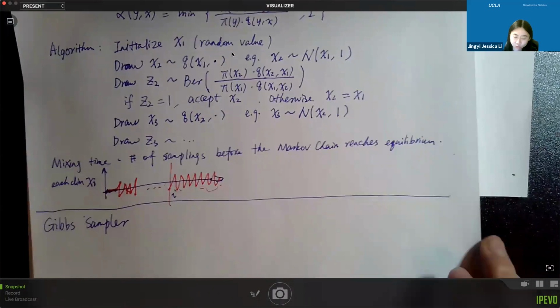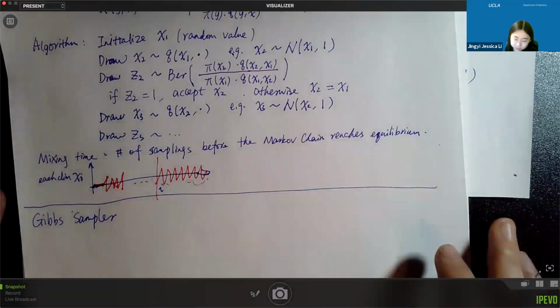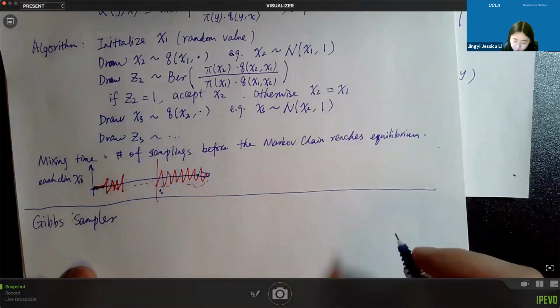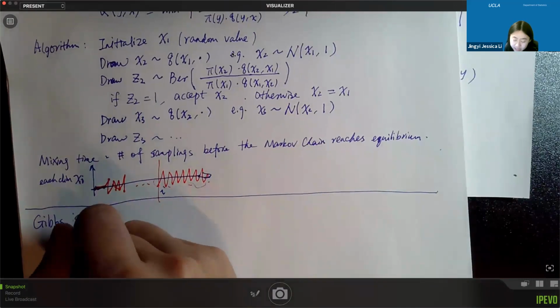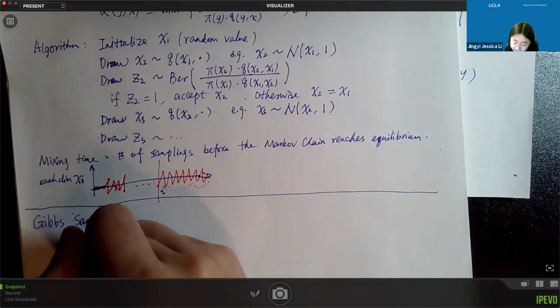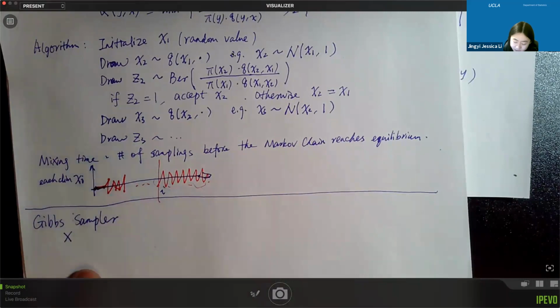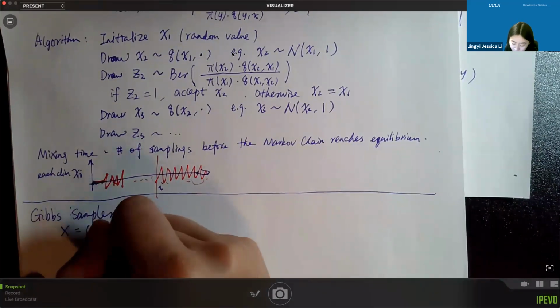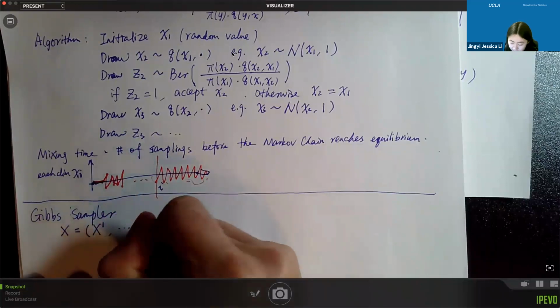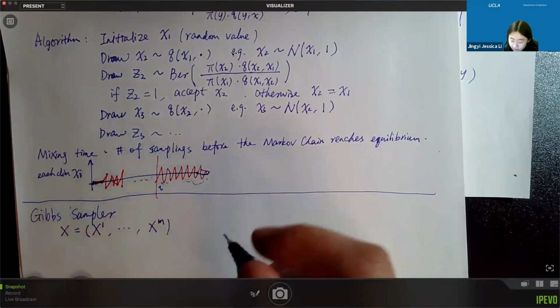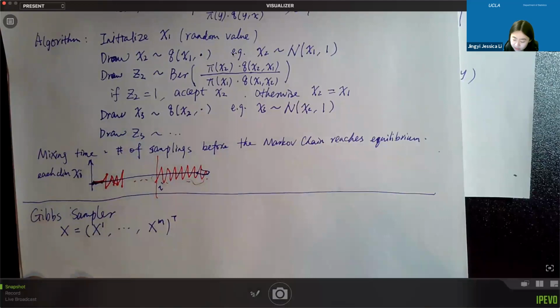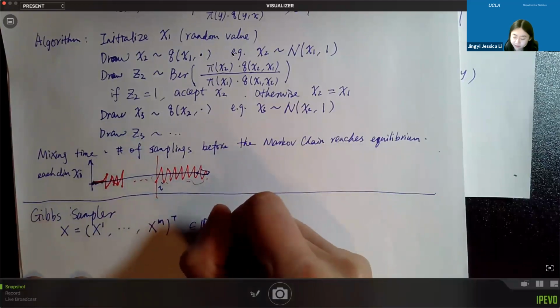So we will say that the random variable we want to sample from is m-dimensional. So x itself is m-dimensional, and we can write it out as (x^1, ..., x^m) transpose. So this is an m-dimensional random vector.